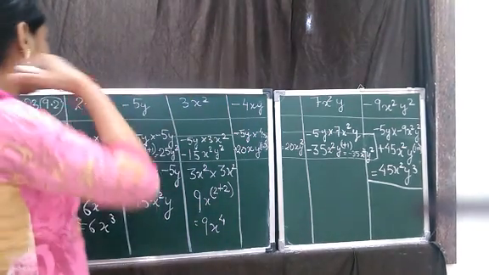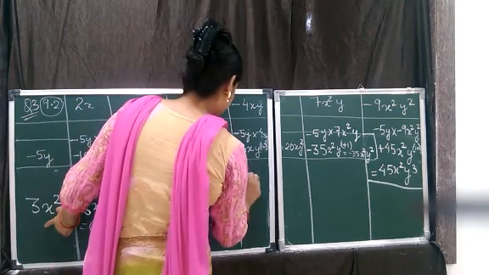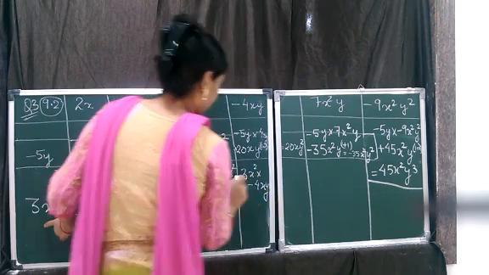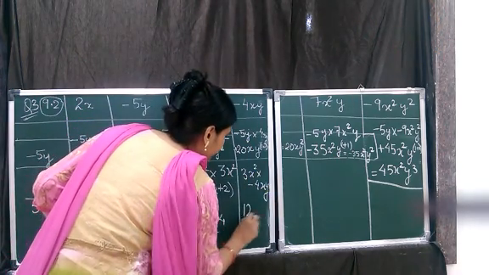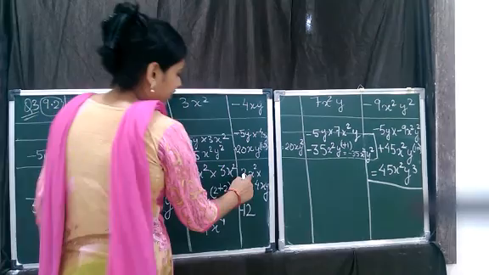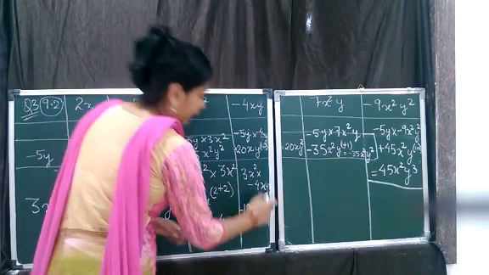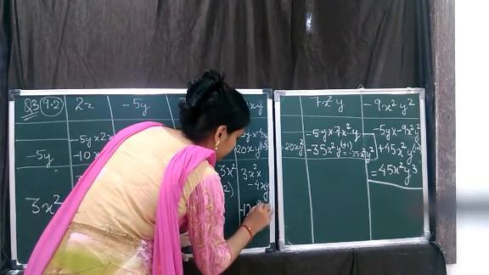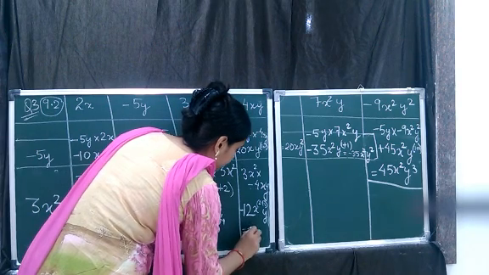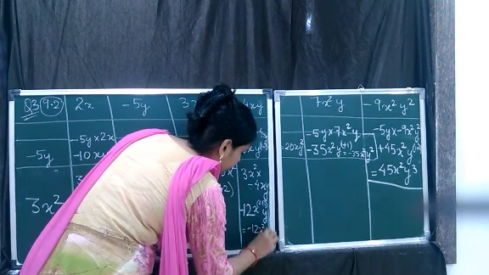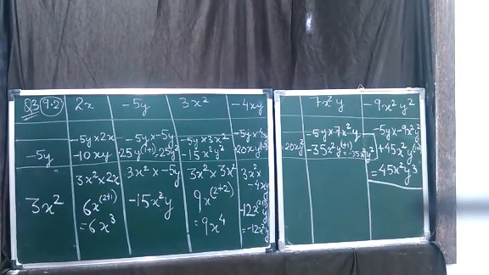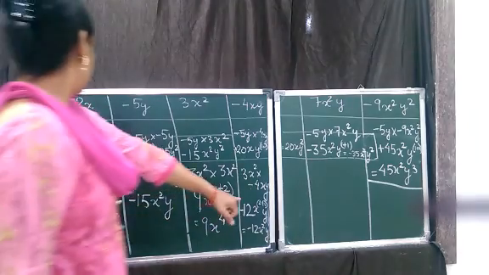Then 3x square multiplied by minus 4xy. So 3 4s are 12, with minus sign, because 4 has a minus sign. Then x square and x, so the power of x will be added and y remains y. So the answer comes out to be minus 12x square y. This completes the fourth column.